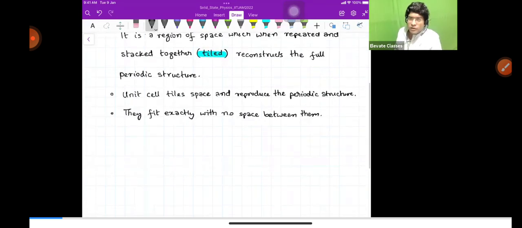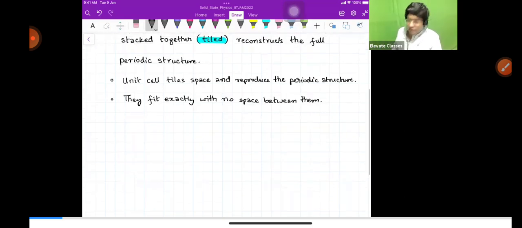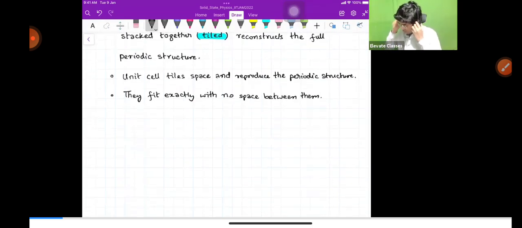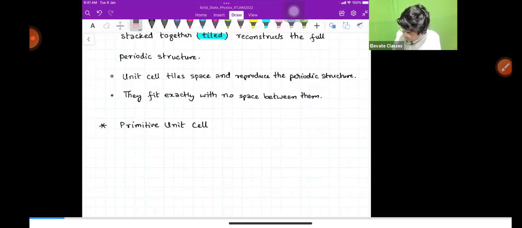Now, next is primitive unit cell. I'll use the abbreviation PUC.